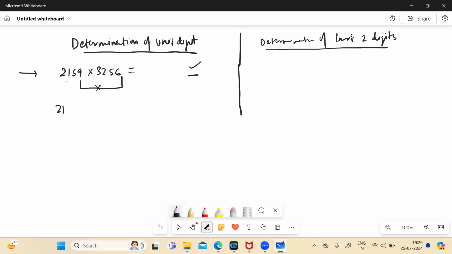divide the number into 2150 plus 9 into 3250 plus 6.